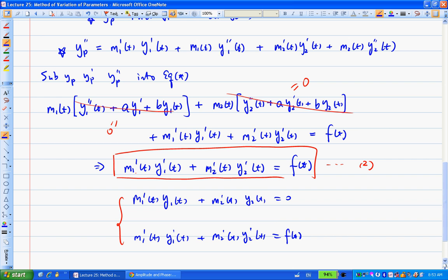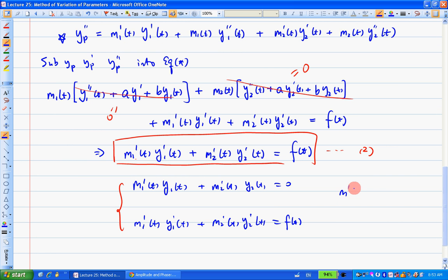So two equations, two unknowns: m1 prime and m2 prime are the unknowns here.